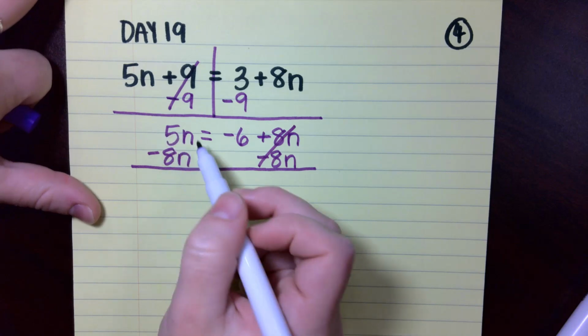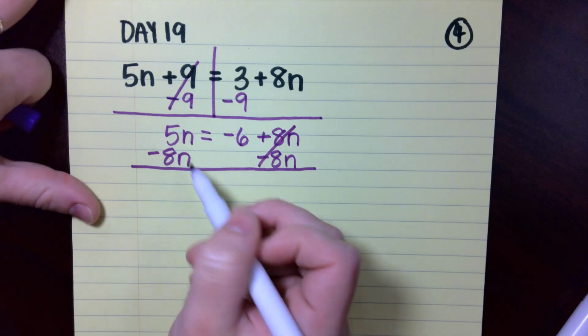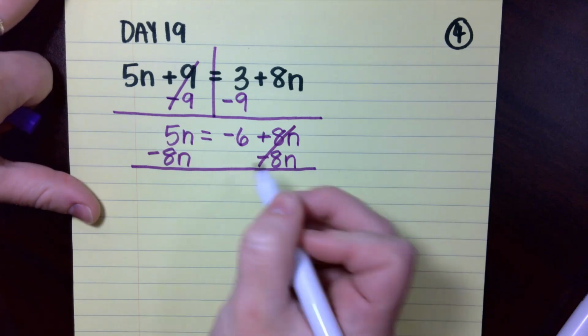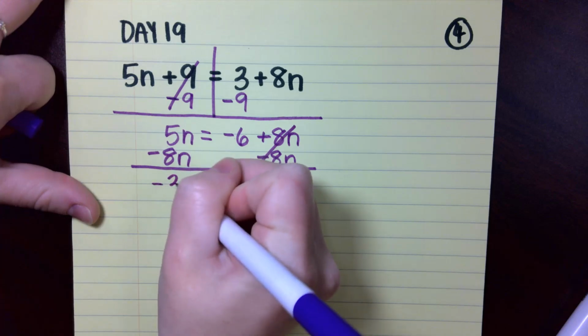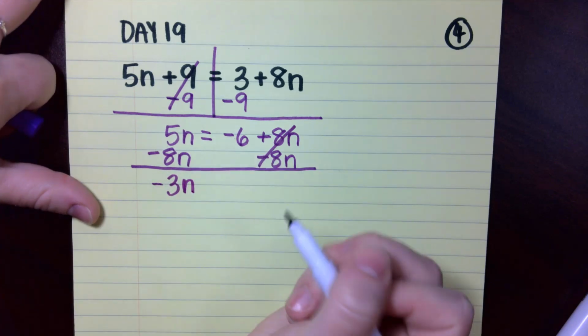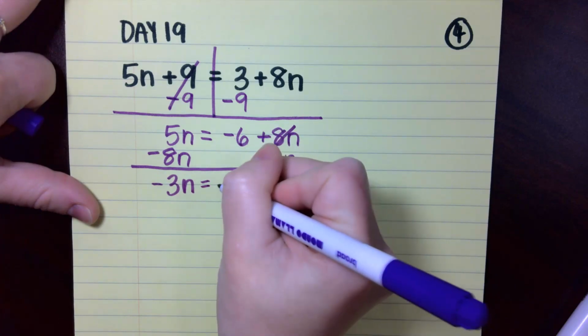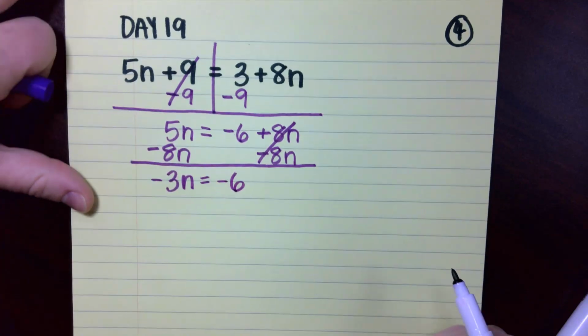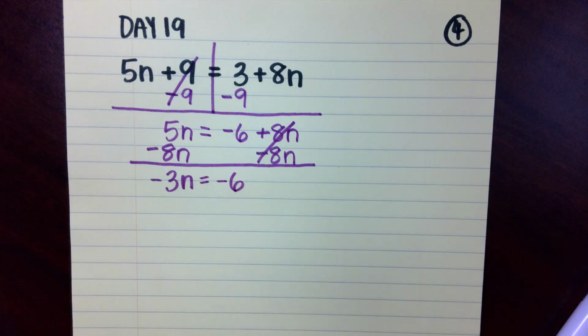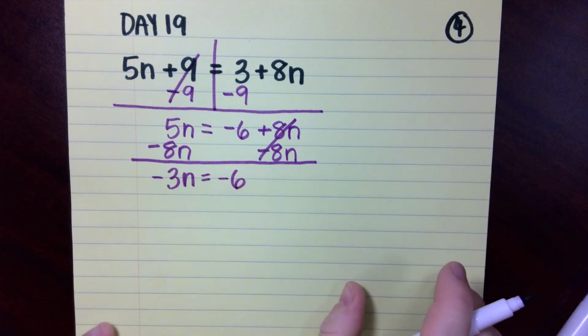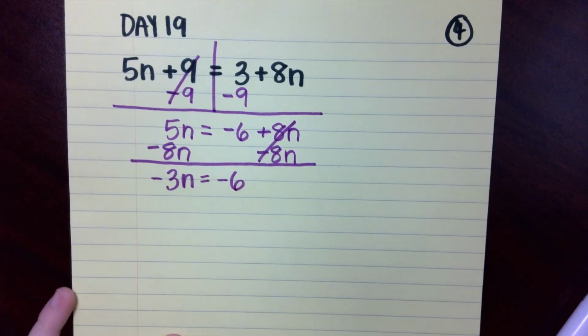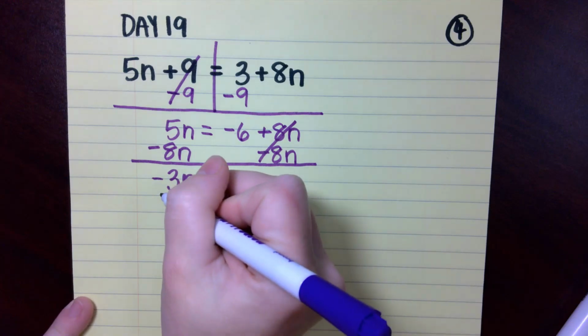And then 5n minus 8n is -3n is equal to -6. All right, we are at the final step. What should we do next? Divide. Let's divide by -3 on each side.